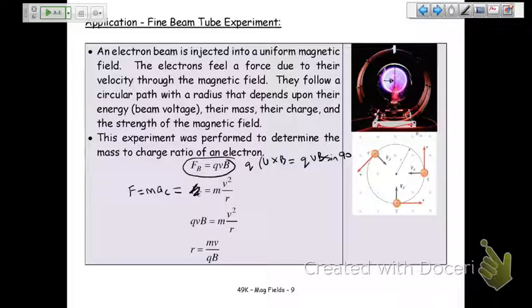Remember, I had this thing about I didn't like talking about centripetal forces, because the centripetal force is what you need to go in a circle. It's not what you get by going in a circle. So this debt is paid for in this case by a magnetic force. I don't have a magnetic force and a centripetal force.